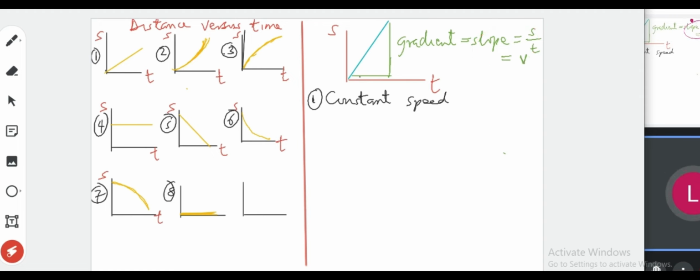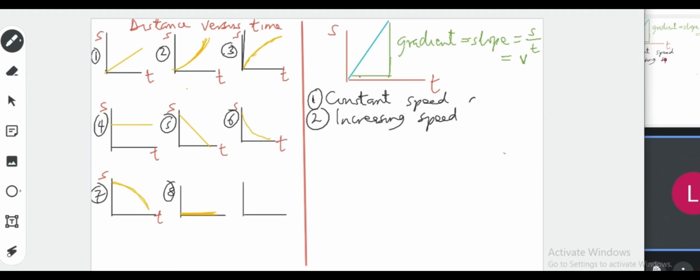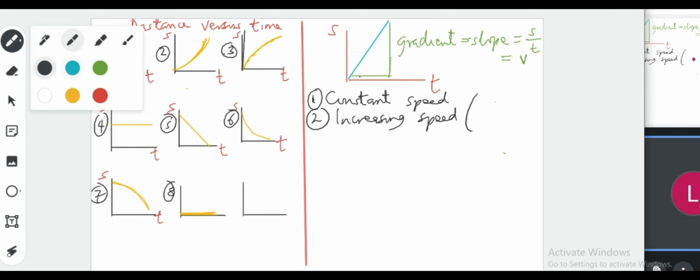So if the slope is constant, it is constant speed, that's number 1. But if the slope is getting steeper, it means increasing speed, or acceleration. So let me write it: increasing speed, which is acceleration.